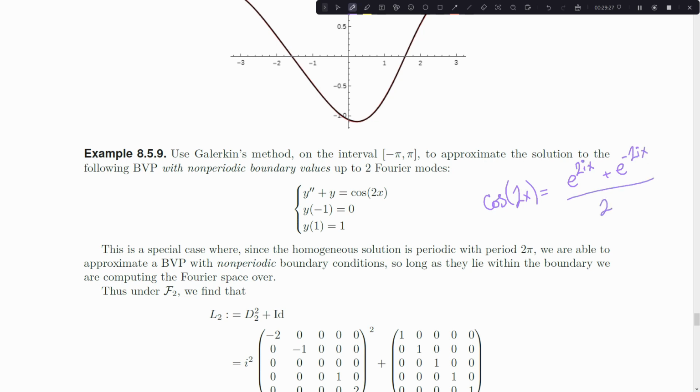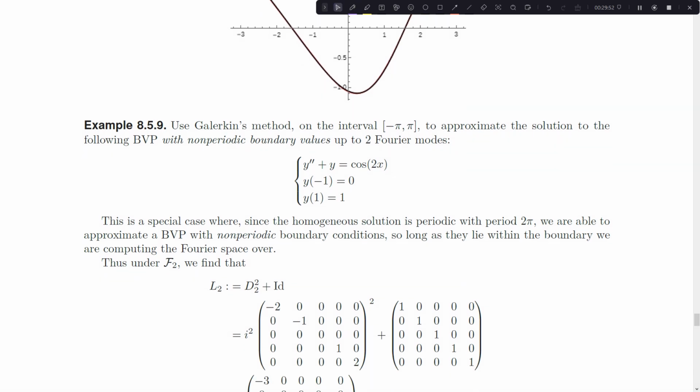And so what does this look like as a Fourier series? It's still 1/2, but now I have 1, 0, 0, 0, 1. So this is my cosine vector in this setting. Why did my ones move up? It's because the frequency increased. And you can just go ahead and calculate the Fourier series for each of these functions when you want to.